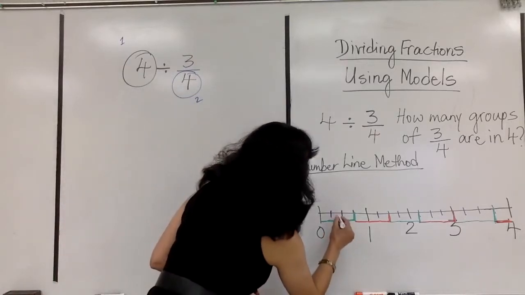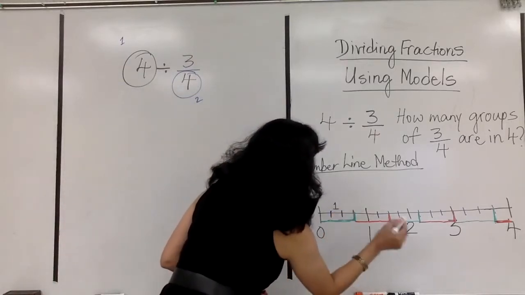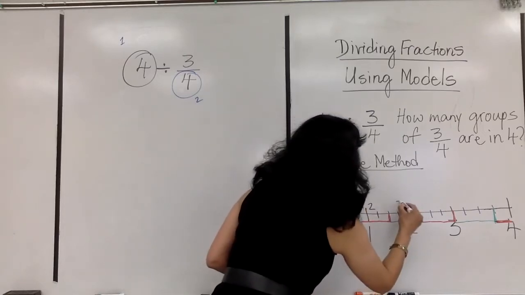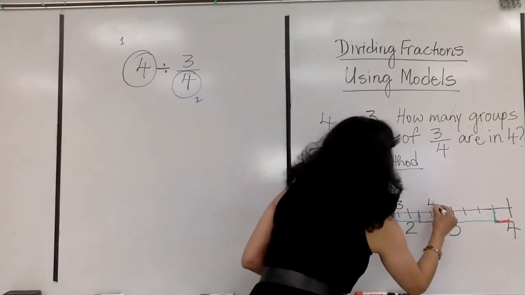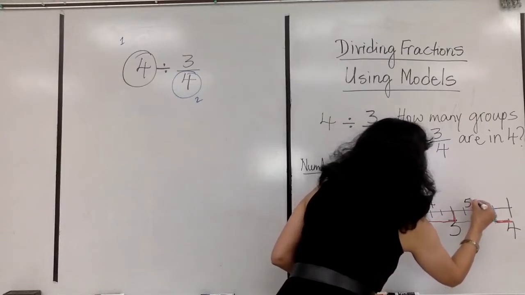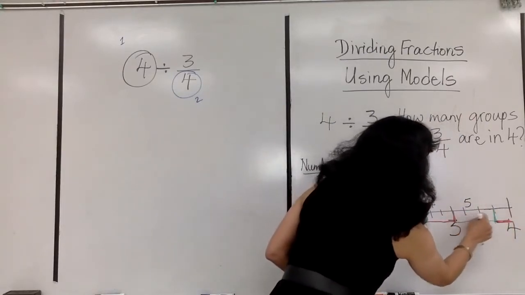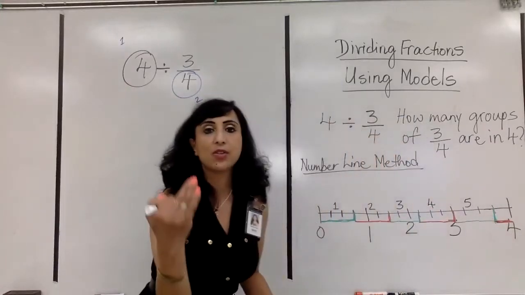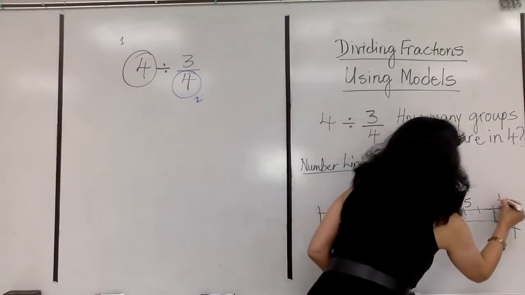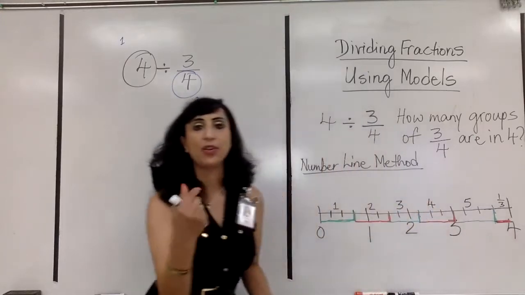So here's my first group in the green. Here's my second group, my third group, my fourth group, my fifth group, and I have this little part left, because each group is 3 parts, so that would be my 1/3 group, because it's 1 out of the 3.